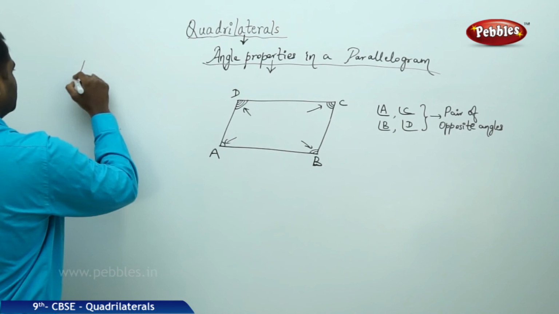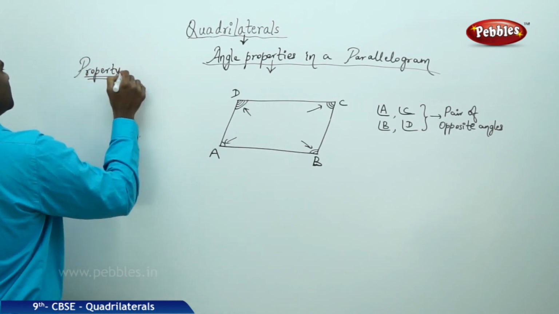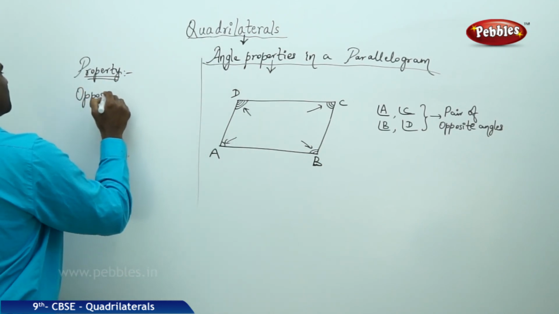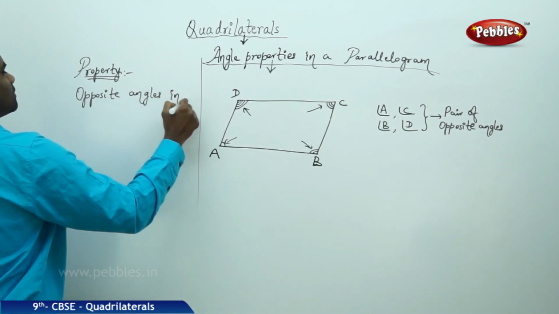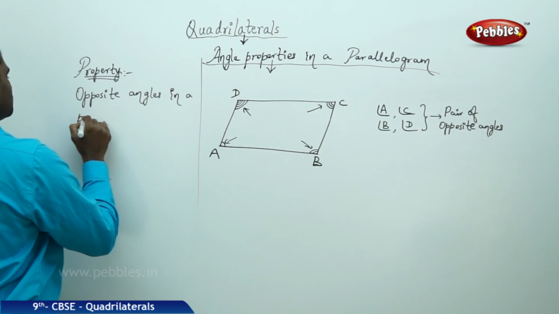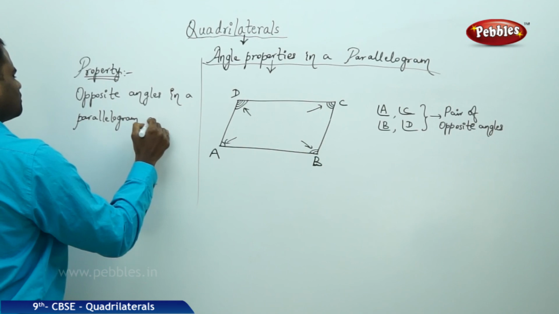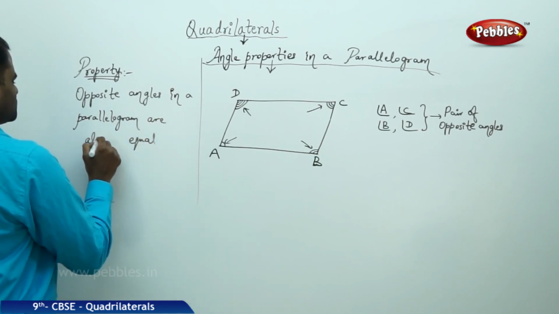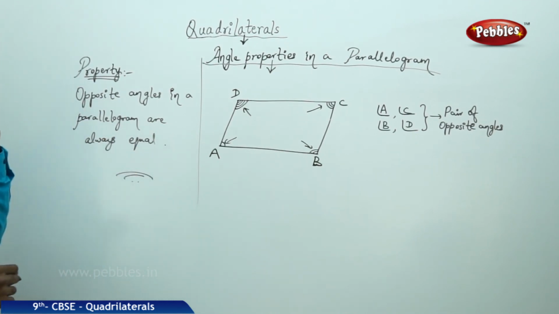So the property here says that opposite angles in a parallelogram are always equal. Opposite angles in a parallelogram are always equal.